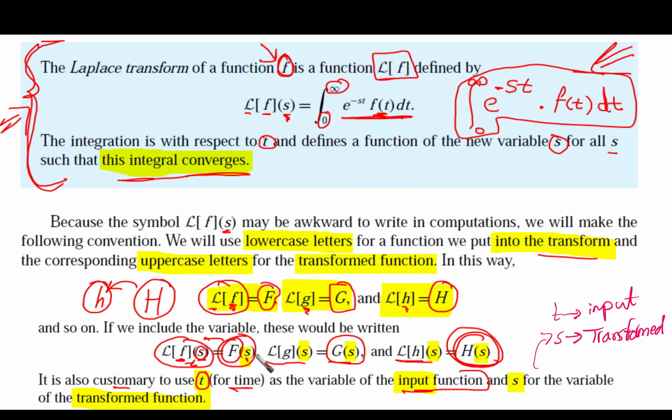But for the Laplace transform, we should always put s. So this is only a notation. This is a common or customary way for representing the Laplace transform. So don't worry about the meaning exactly, but just understand the significance of the lower and upper case in Laplace transform equations.